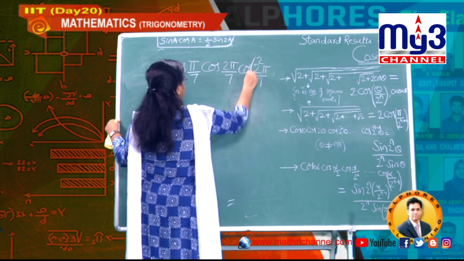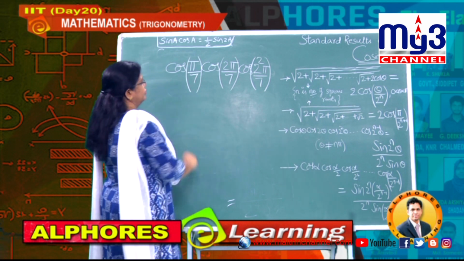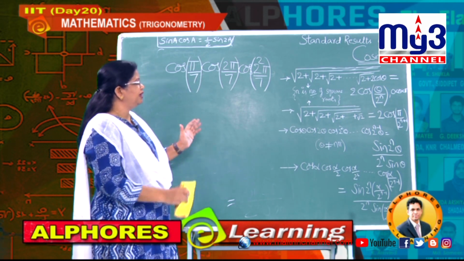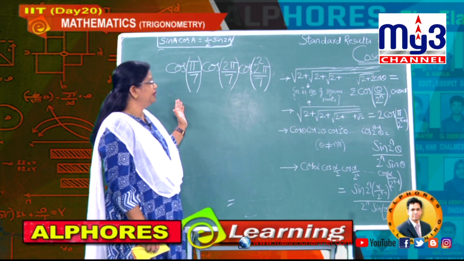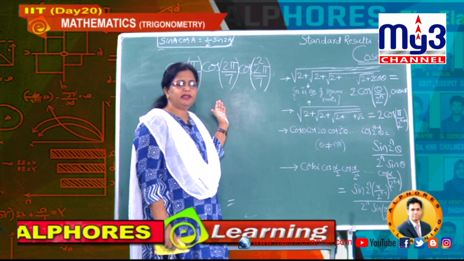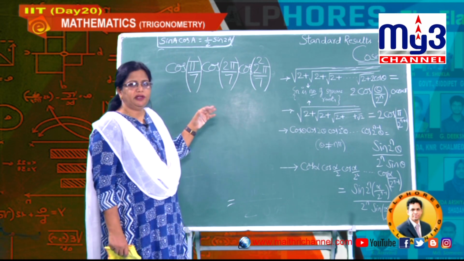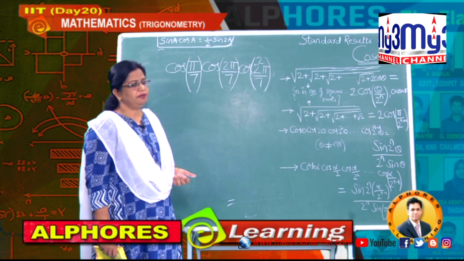Okay students, so this is our given problem. Now what about this value? First observation: many times we have done complementary angles or supplementary angles, if not, again 60 plus 60 minus or 120 plus 120 minus, etc. Again if not, you have to go for some other kind of submultiple and multiple formulae.